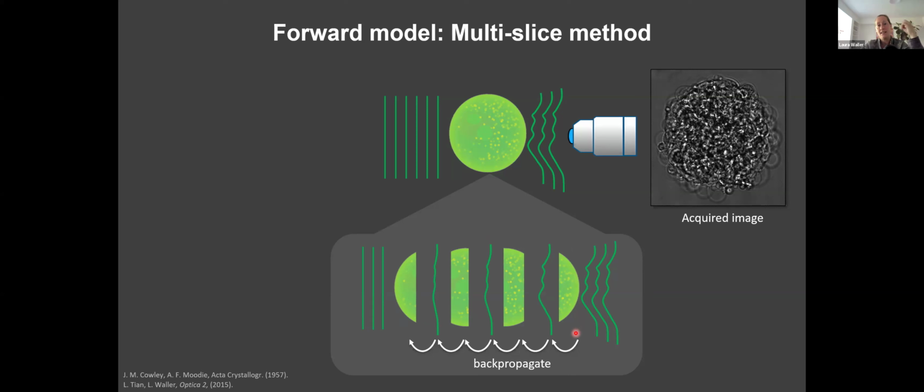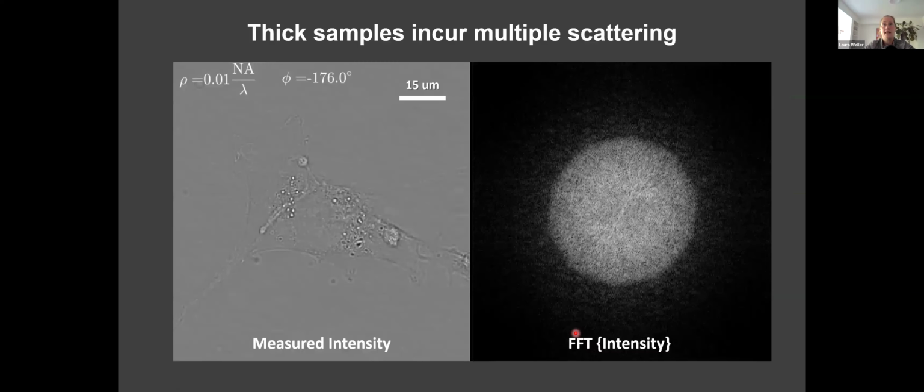And then the light diffracts off one slice and then propagates to the next one, diffracts off the next one. So that's the simple model. We use a simple model because we need it to be computationally efficient, because we need to run this hundreds of times within an iterative loop to solve the inverse problem. And so this is a good trade-off between accuracy and compute speed, so that we can actually solve real problems.